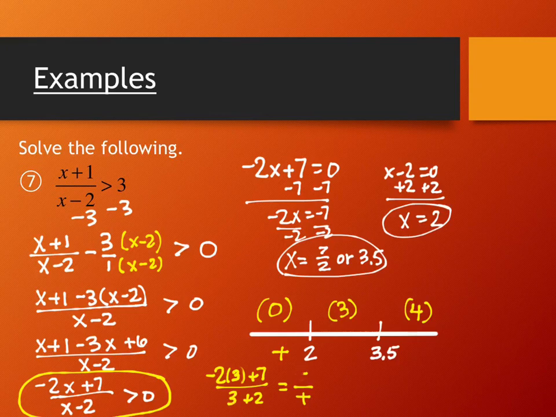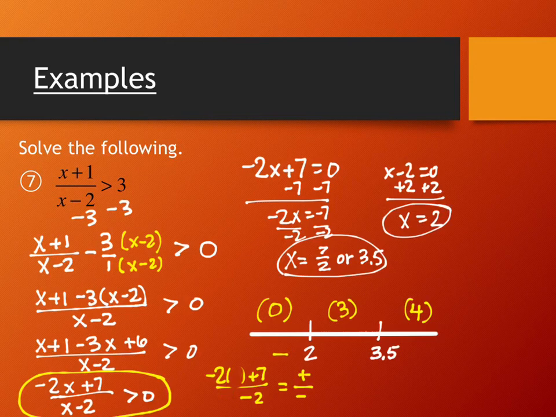Oh, this is actually a minus on the bottom. I made the mistake before then. I'm sorry, that was a sign error. When I did 0, there should have been a minus 2 on the bottom. I apologize. So it was actually positive over negative, which should have given me a negative. I didn't catch that. We'll fix it. So that should have been a negative when we put in 0.